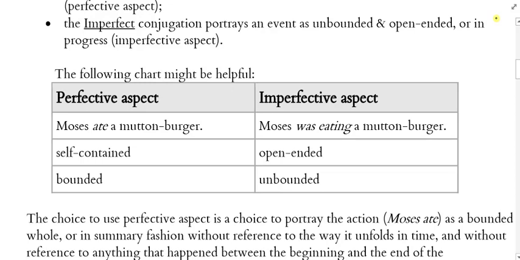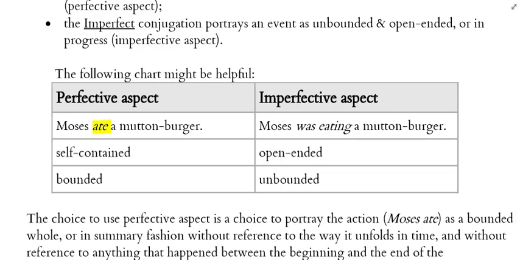Perfective aspect here is demonstrated by the sentence, Moses ate a mutton burger. And we're focusing here on the verb ate. The choice to use the simple past verb ate here is a matter of perfective aspect.